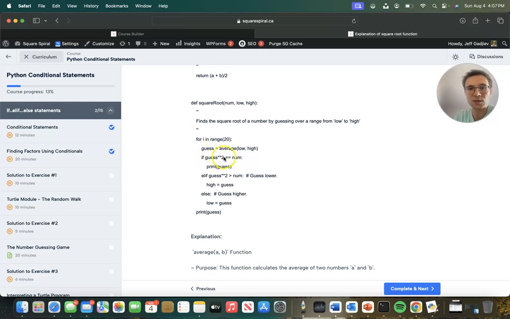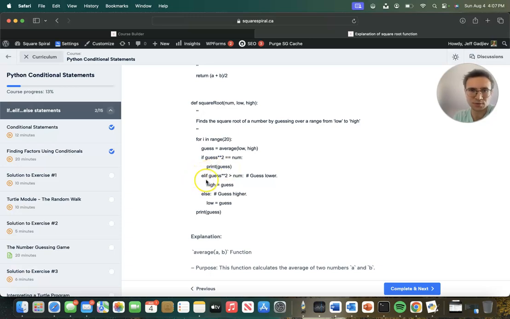Now if guess squared, so this is two asterisks in Python, means to the power of or to the exponent of. So if guess squared is equivalent to the number that is entered here, then the guess is just printed.